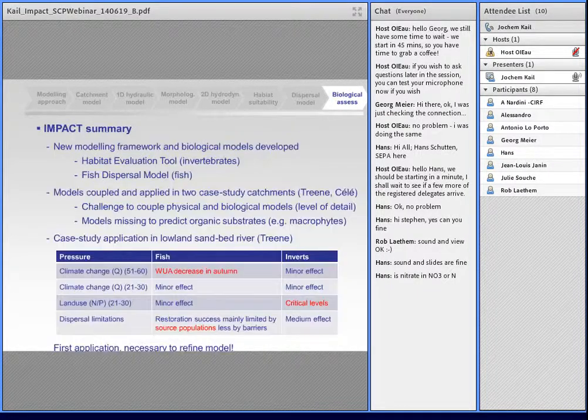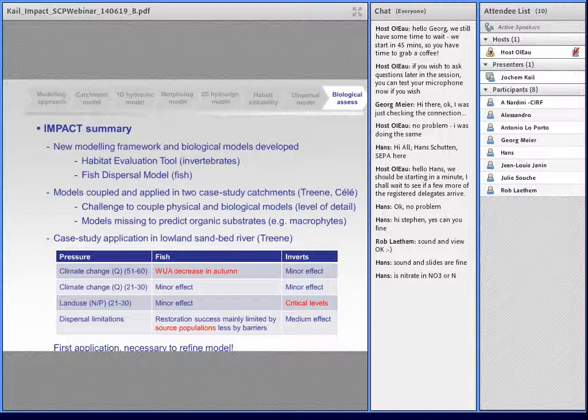So as a summary, I would like to say that we have developed two new models, one for habitat suitability for invertebrates and one for fish dispersal. We coupled these models in our study catchments, and we found that it really was a challenge to couple the physical and biological models, because they have different levels of detail and are based on physical processes on the one hand and empirical data on the other.